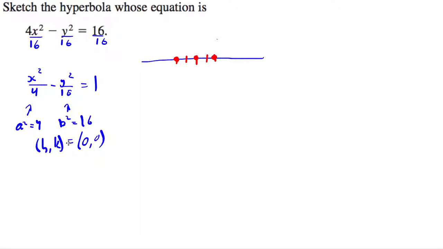So we're going to do a squared plus b squared is equal to c squared. So that means that we get 4 plus 16 is equal to 20. So c squared is equal to 20. So plus or minus 2 root 5, the square root of 20, on both sides.